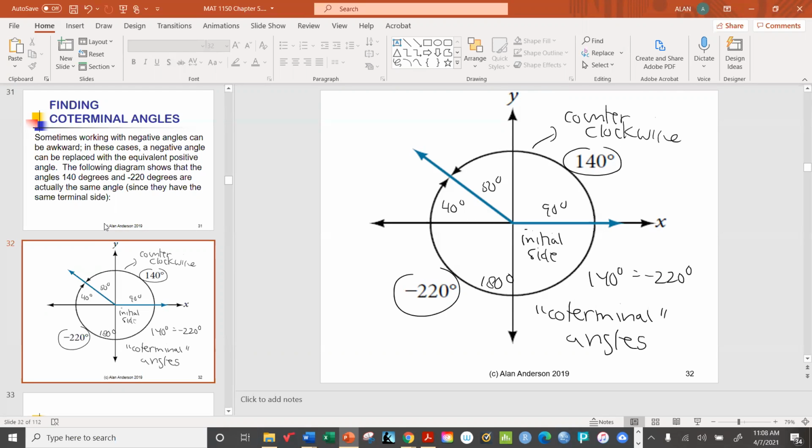And this is what we call the terminal side. So both of these angles have the same initial and terminal side. Coterminal means they have the same terminal side. That's all they mean. And of course, that means they are equivalent to each other.